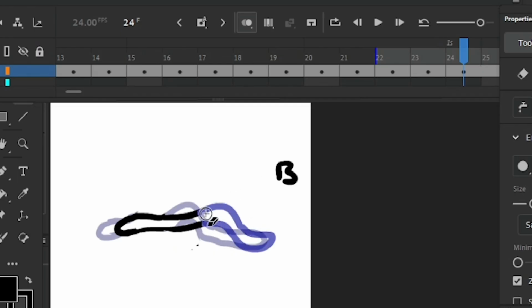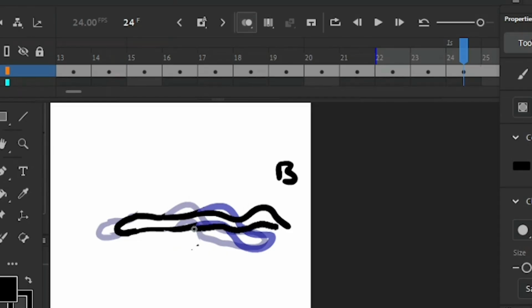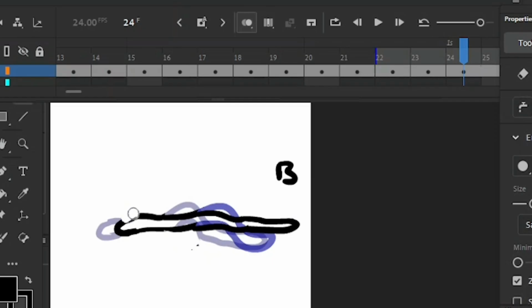Almost again. This body stretches. At this point it stretches forward.